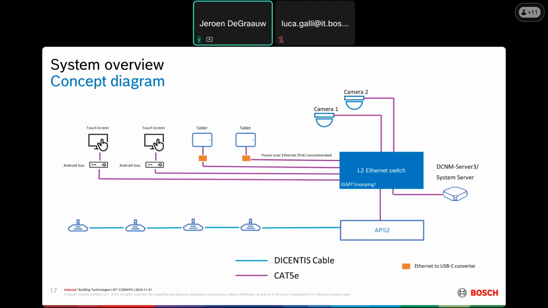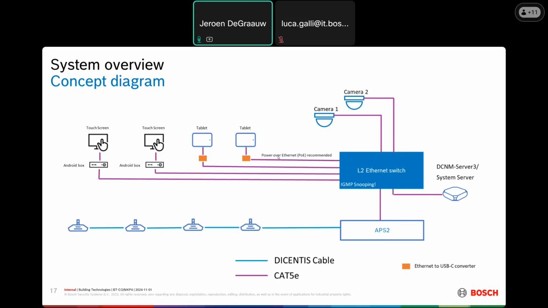So looking at the basic setup, we have a server connected to the switch. We have the APS, the audio processing and powering switch, connected to the same layer 2 switch. Our discussion devices are connected to the APS. We use the Bosch cable for that to create these daisy chain buses from one device into the other.